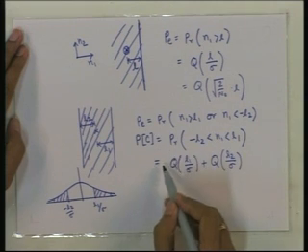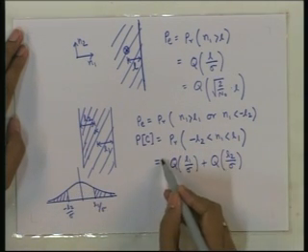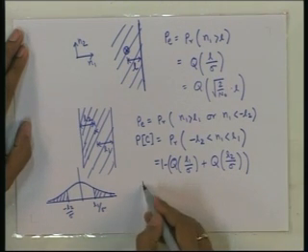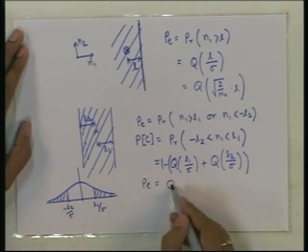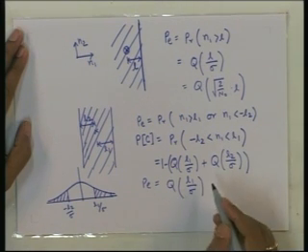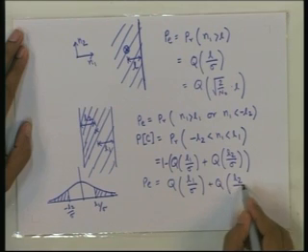So, this central area is 1 minus that. So, probability of error is Q of L1 by sigma plus Q of L2 by sigma.